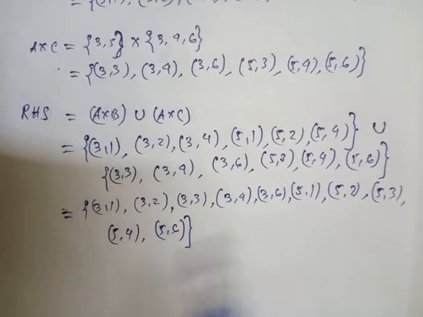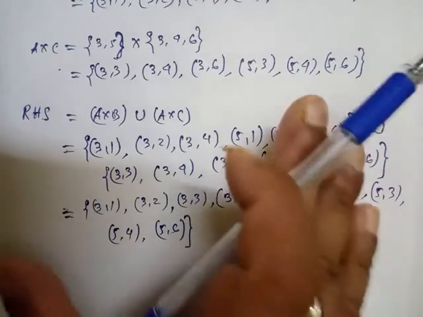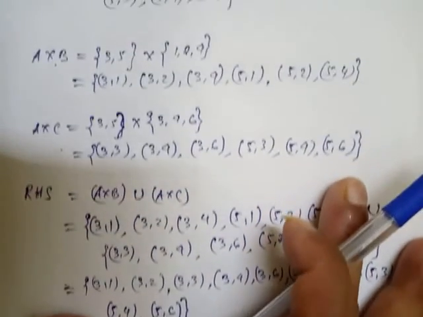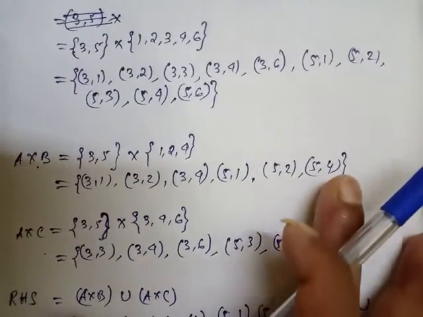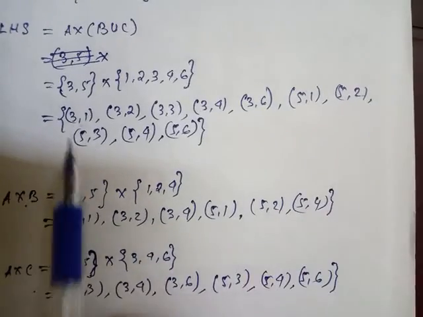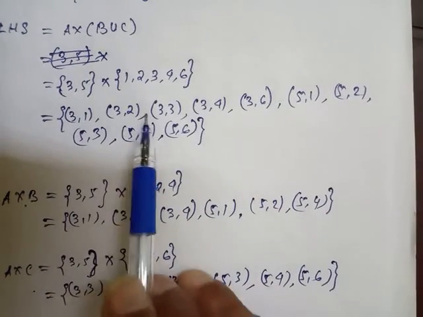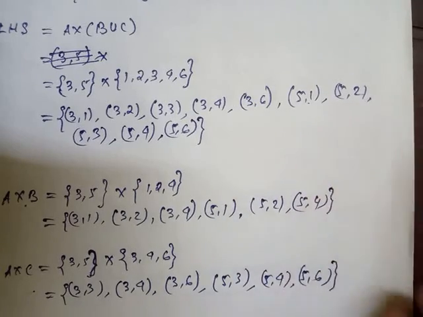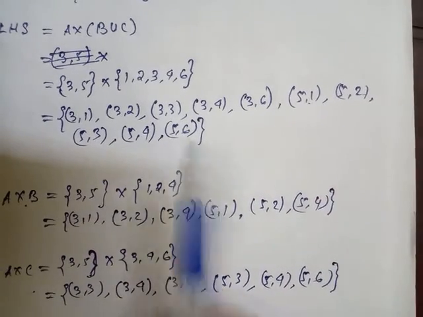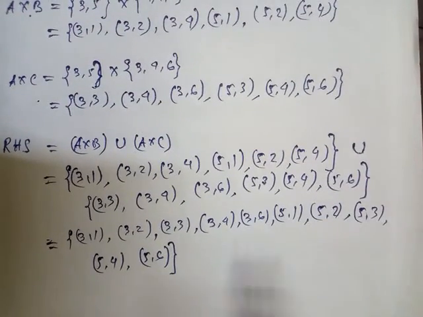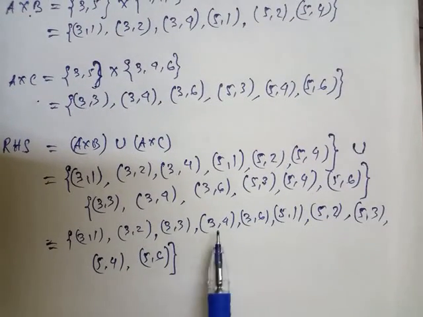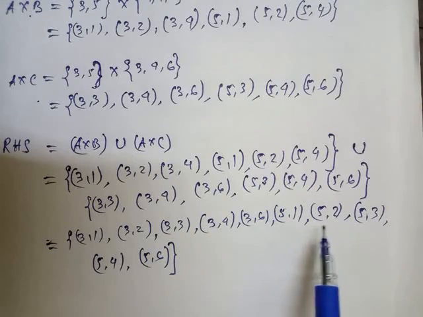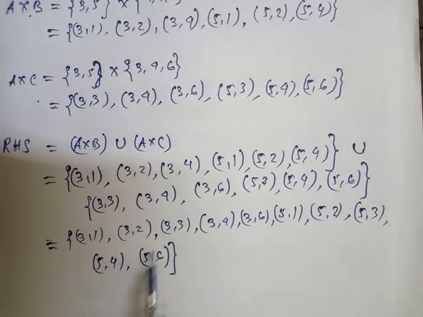This is RHS. Now look, will the value of RHS be equal to the value of LHS? Now let's have a look. This is the LHS value: 3 comma 1, 3 comma 2, 3 comma 3, 3 comma 4, 3 comma 6, 5 comma 1, 5 comma 2, 5 comma 3, 5 comma 4, 5 comma 6. Now look, these directly match with this one: 3,1, 3,2, 3,3, 3,4, 3,6, then 5,1, 5,2, 5,3, 5,4, 5,6.